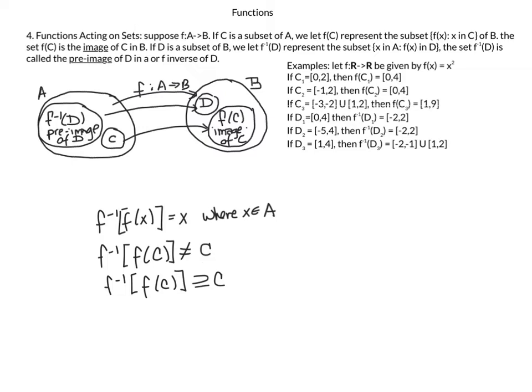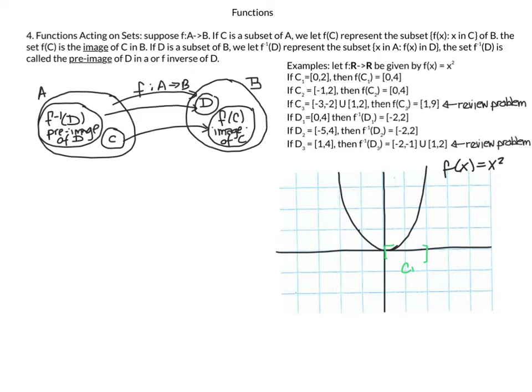And it is the case, and we'll see this in a few slides, that C is contained in the pre-image of f of C. In summary, the reason why I stress the correct terminology here when we have sets is that you call this the pre-image and you don't get lazy and call it the inverse, because if you do, the inverse has properties, and the properties it has do not necessarily carry over to the properties of pre-image.